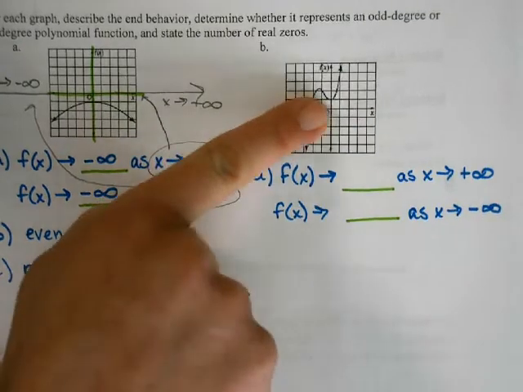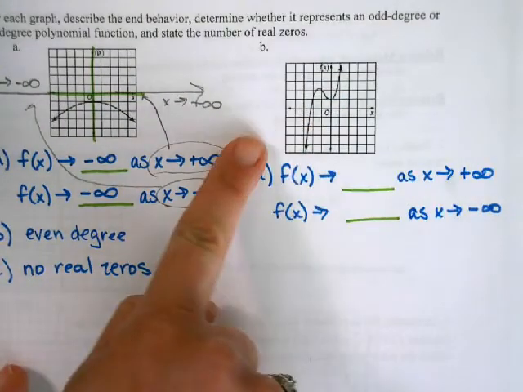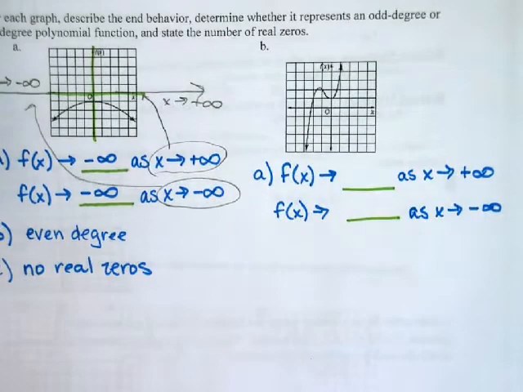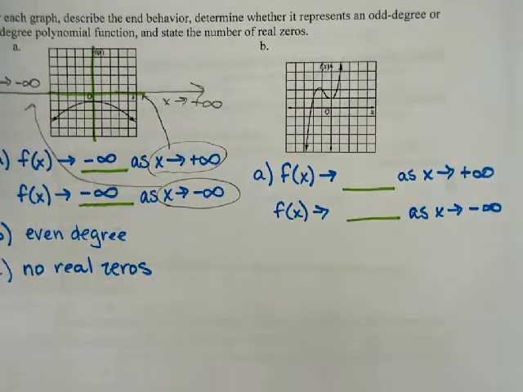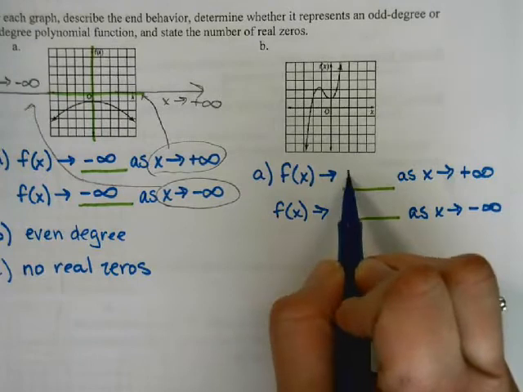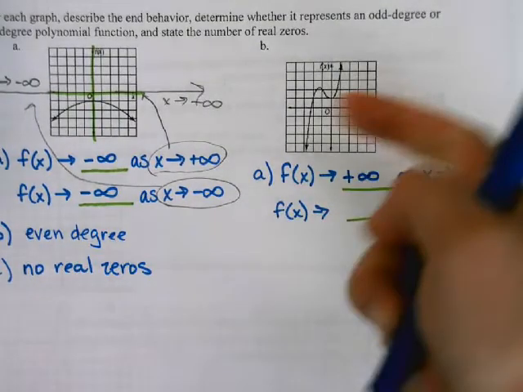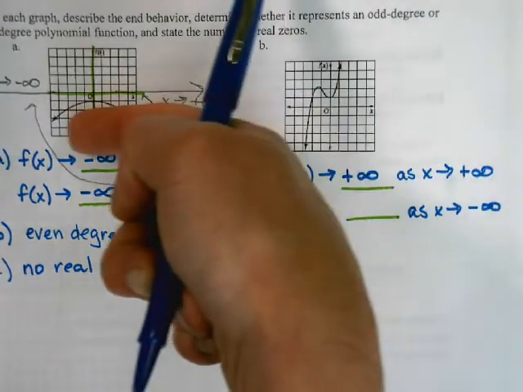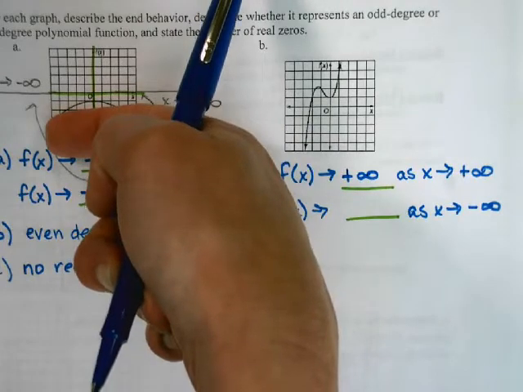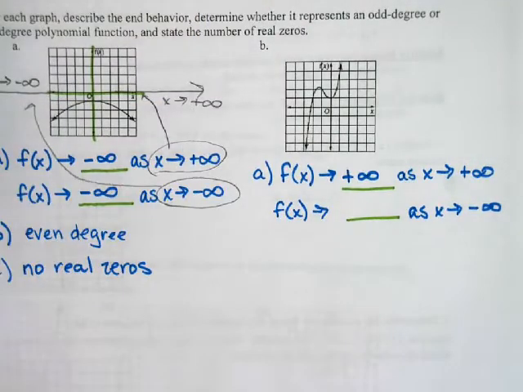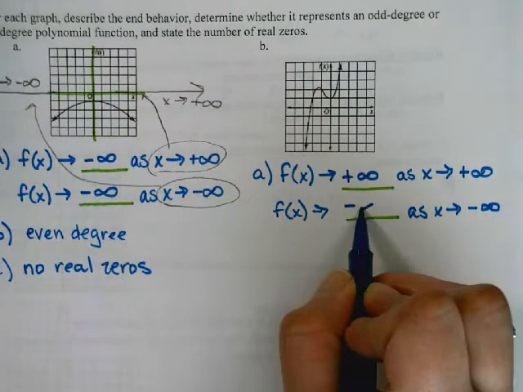Okay, so as my x's increase, where am I going? Positive infinity. As my x's decrease, and I'm going to negative infinity, where's my function going? Negative infinity.